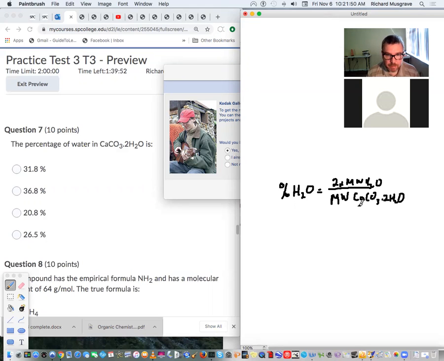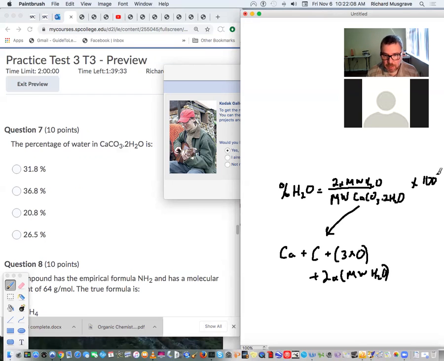Now, to get that molecular weight, it's going to be Ca plus C plus 3 times O plus 2 times the molecular weight of water. And all of that gets multiplied by 100%. And that's how we get to the percentage. And then it's just multiple choice, figure out which one is closest. Any questions? Nope.